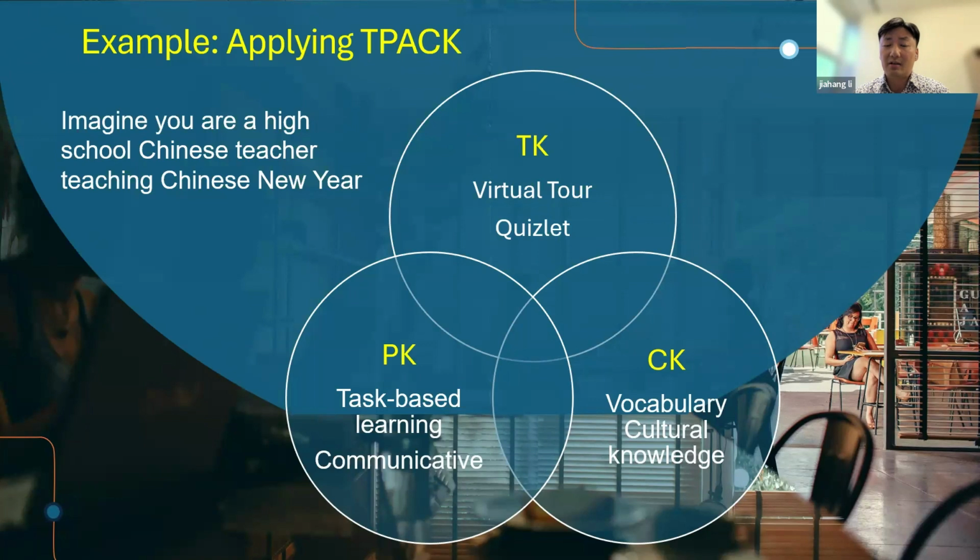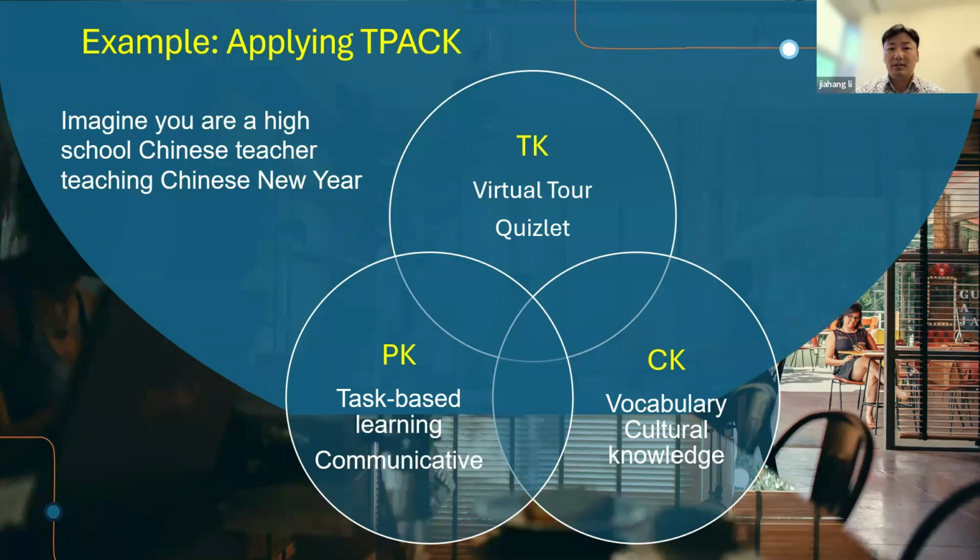And then in terms of technology, we can use a lot of different things. A lot of museums have virtual tours now that can give you a very authentic feeling of immersing into cultural events like Chinese New Year. And in terms of vocabulary teaching, we can use a lot of different tools like Quizlet to give them quick ideas and effective learning guides in this context.